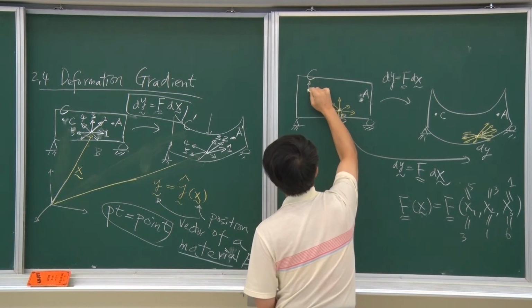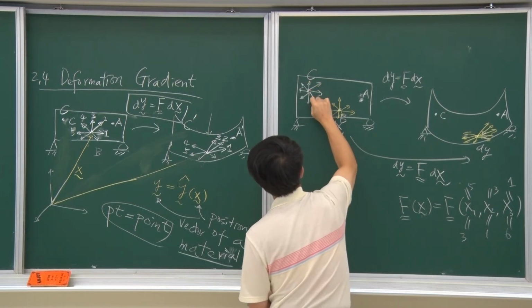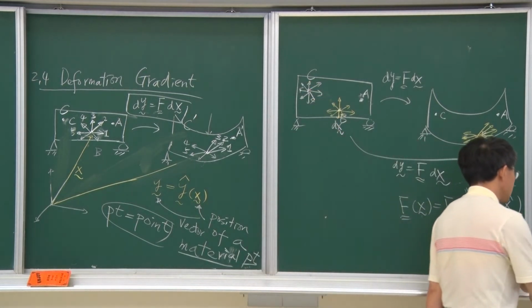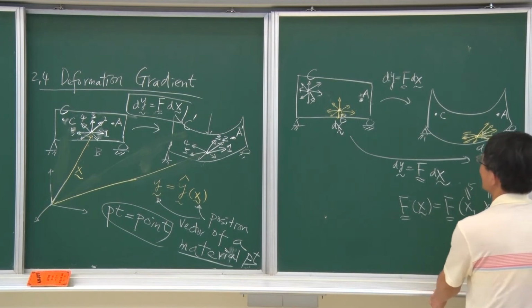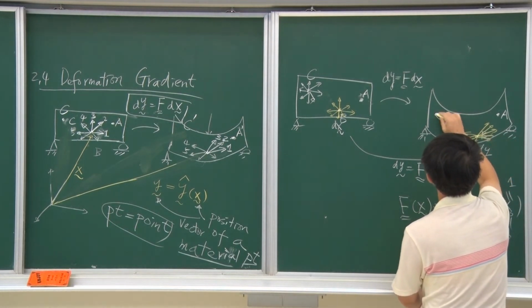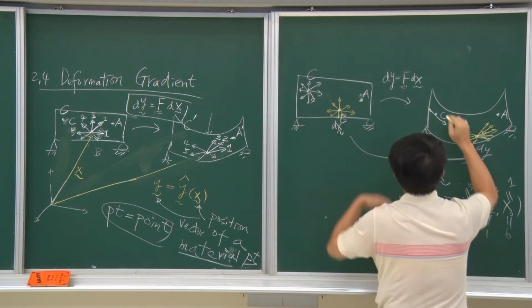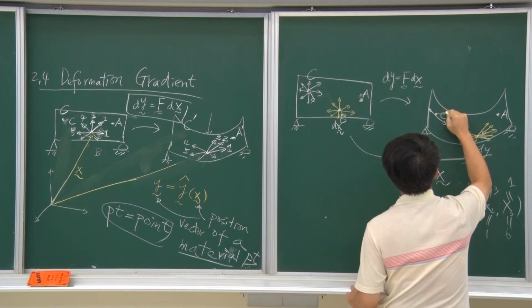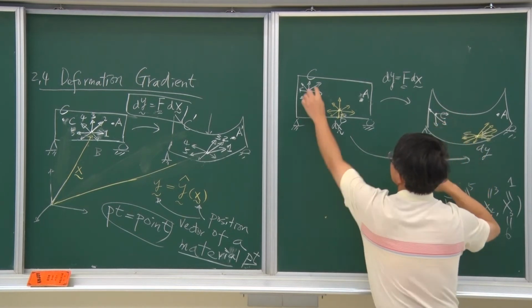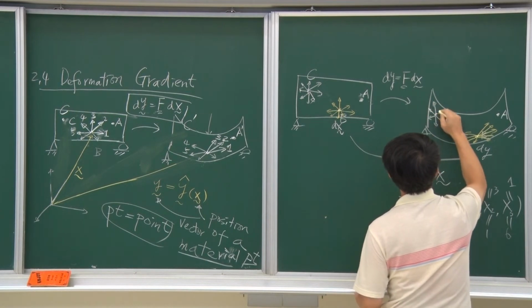And also at point C, we have material lines like this. And this material line will be sent to here. This one, this one, this one may be like this. This one, this one may be like this, and this one may be like this.